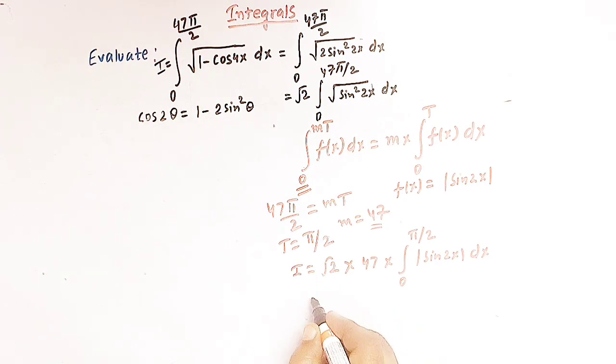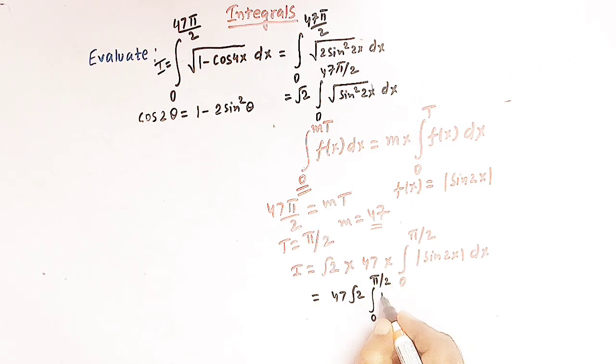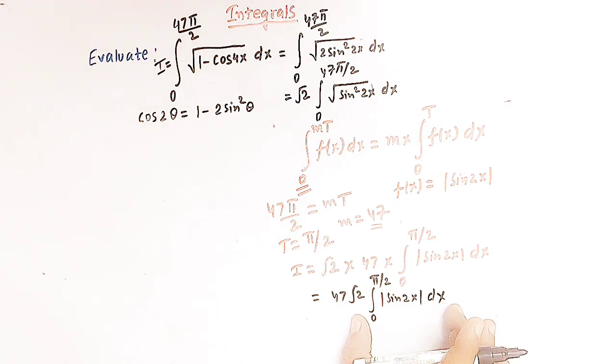So now the value of I is 47 root 2 times the integral from 0 to pi by 2 of mod sine 2x dx. Now we have to find the value of this integral.